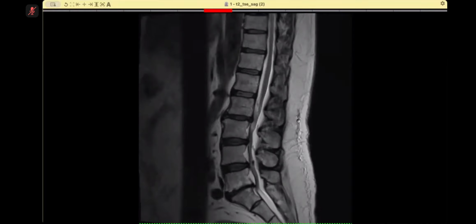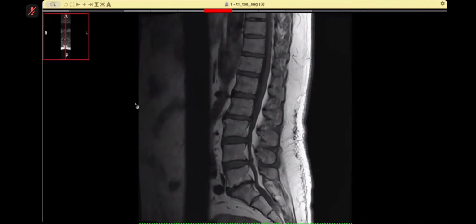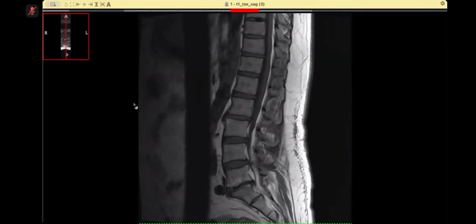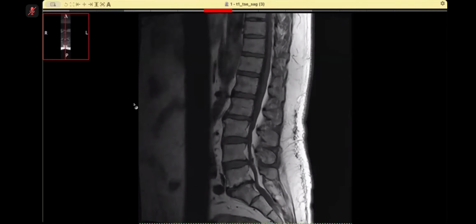Please remember, empty thecal sac sign is a sign where you don't see the nerve roots because they are adherent to each other or to the dura, and that is a T2 weighted sign. On T2 weighted images, you will see CSF, but there will be nothing else. Now, I did not show you this T1 sagittal.